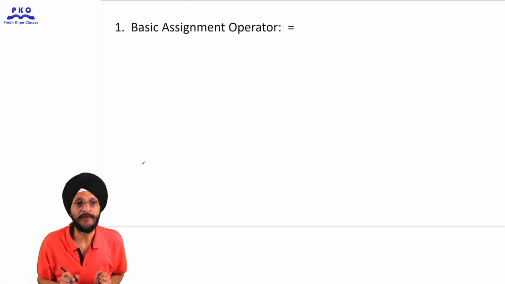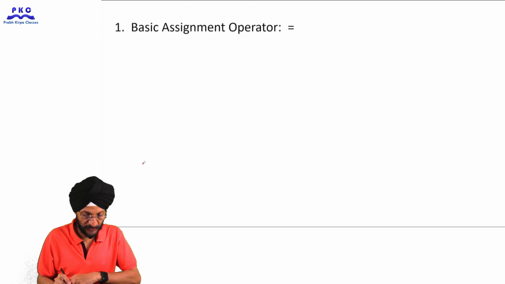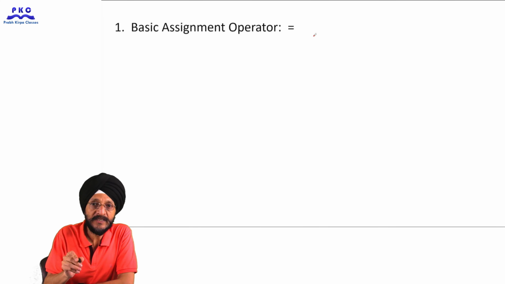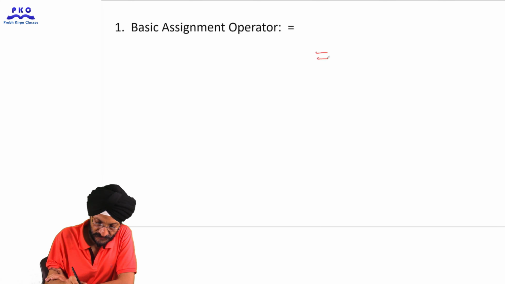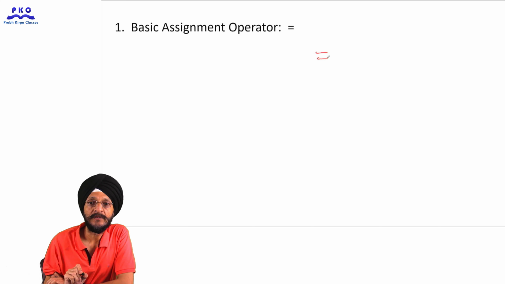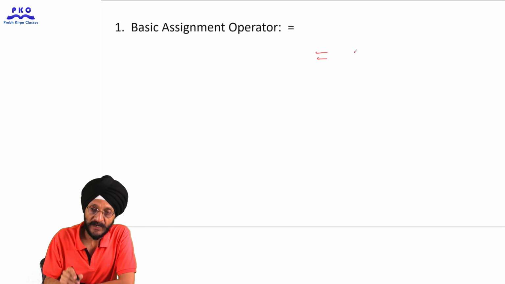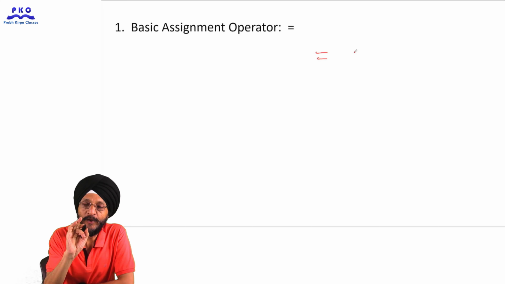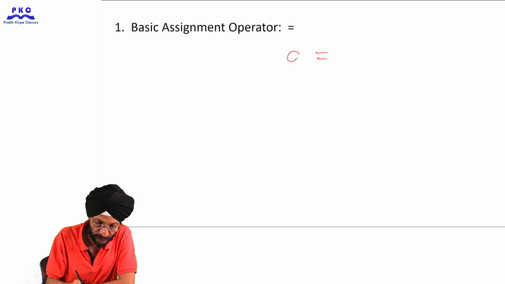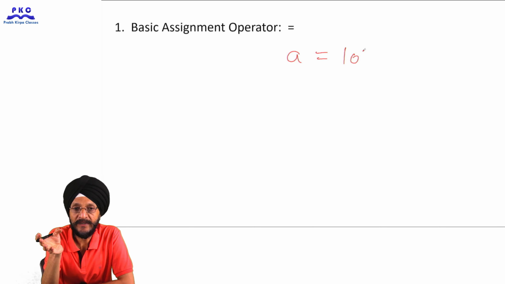Now the first is basic assignment operator. Basic assignment operator is equal to. What does it do? Basic assignment operator assigns a value to a variable. Suppose we write a and on the right hand side we write 10.